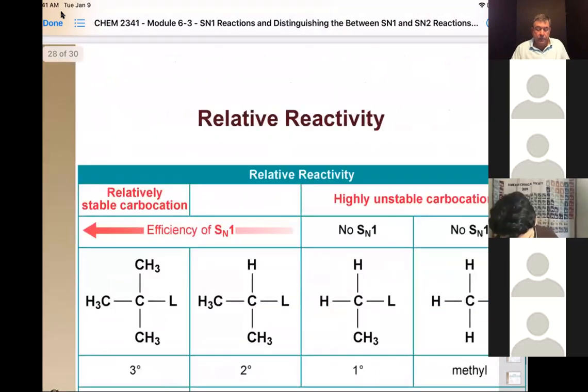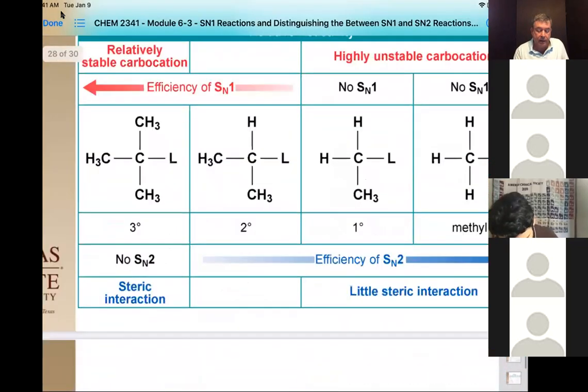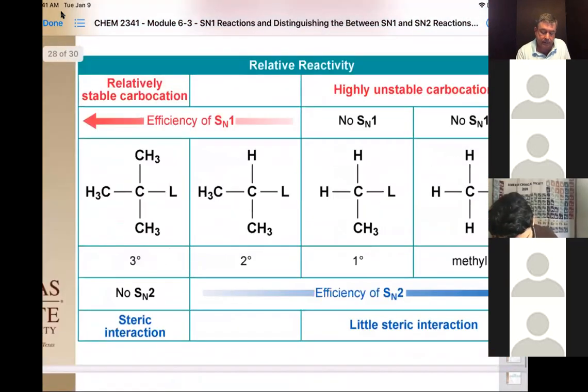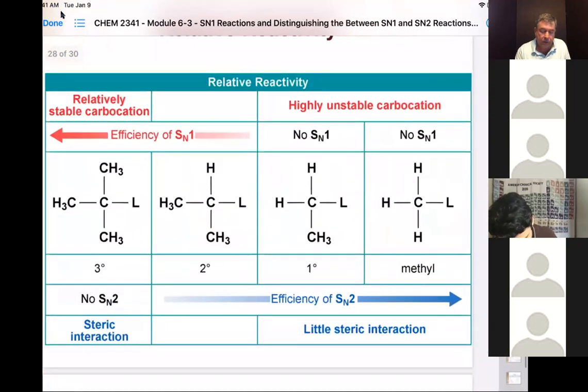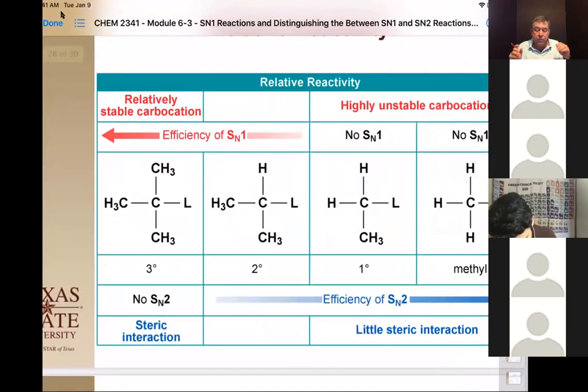The net result of all of that is this little table right here. When you see your tertiary alkyl halide, it's not going to go under SN2 because of steric interaction, it's going to go SN1. When you have your primary or methyl, it's not going to go SN1 because you can't form the carbocation.